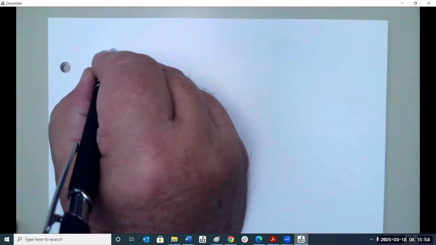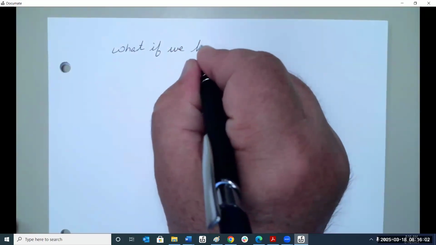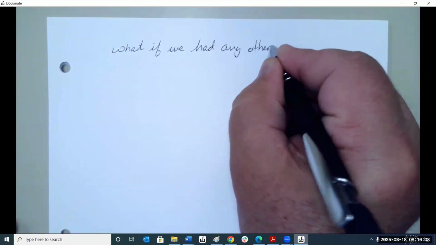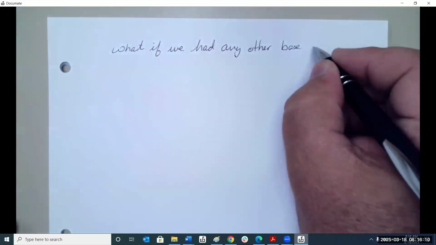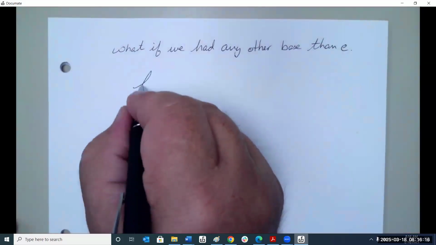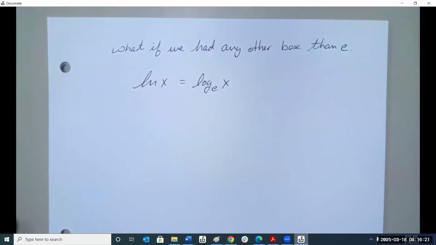All right, so far, all of the functions we've used were ln, or natural logs. What if we had any other base than e? Because remember, ln is log base e of x.